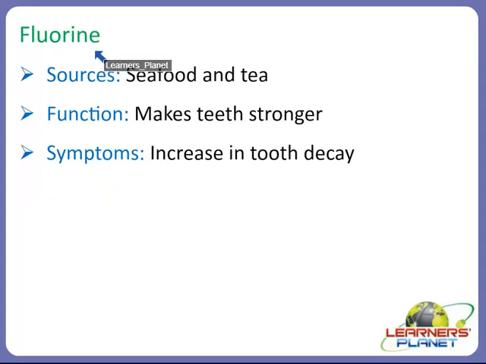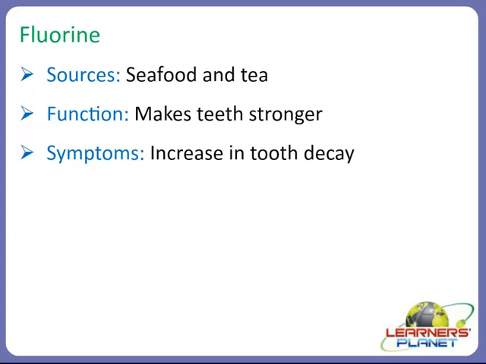Yes, fluorine. The rich sources of fluorine are seafood and tea. That doesn't mean that you have to drink tea every now and then. That is not so important, but the diet should contain seafoods or foods which have salt in them, right?